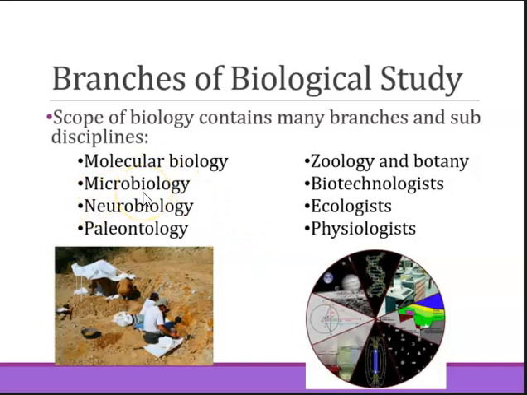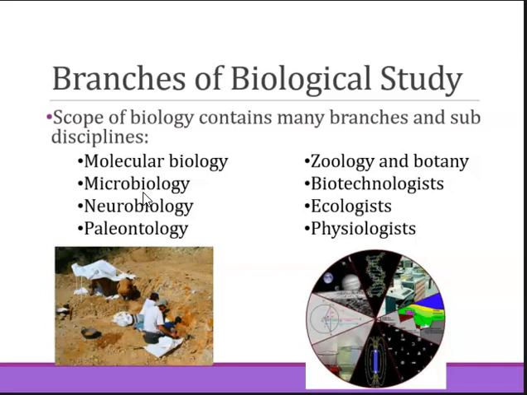Microbiology is the study of the structure and function of microorganisms. It's a broad branch itself, and it depends, of course, on the subject of study. Within microbiology, you have microbial physiologists, ecologists, and geneticists.